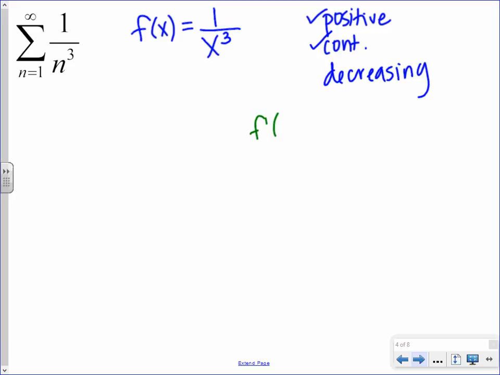We look at the derivative, negative 3x to the negative fourth, is always less than 0. So we have a decreasing function. Which means, hooray, we can use the integral test.